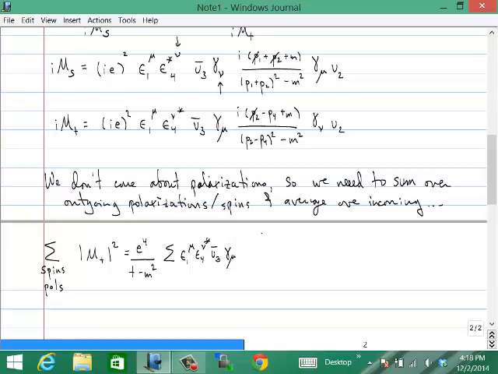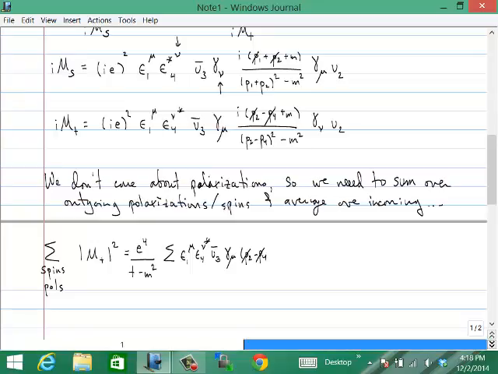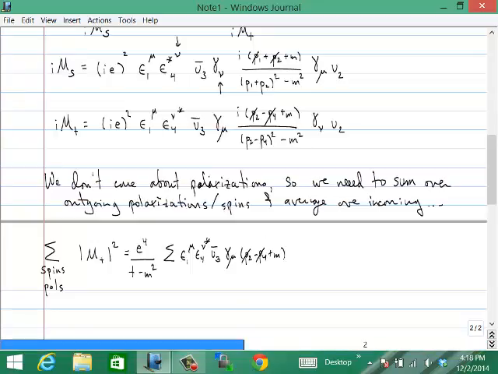We can forget about that factor of i, and then we get a p2 slash minus p4 slash plus m, then a gamma nu, then a u2, and then we have the complex conjugate.